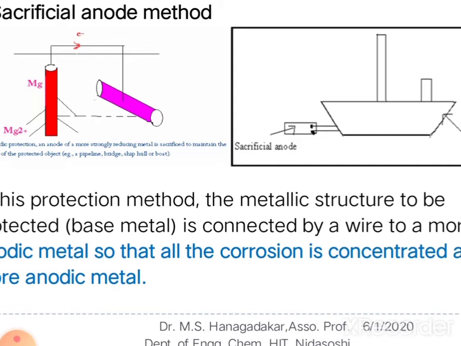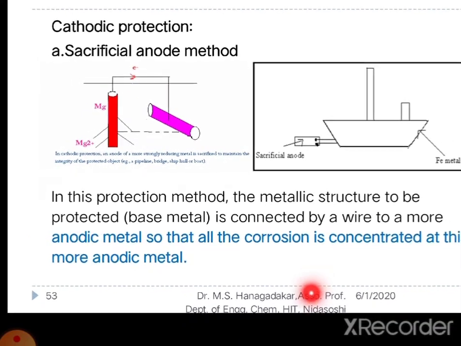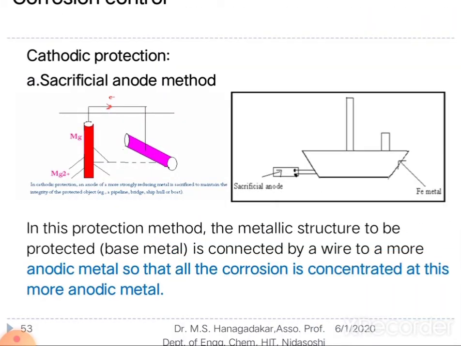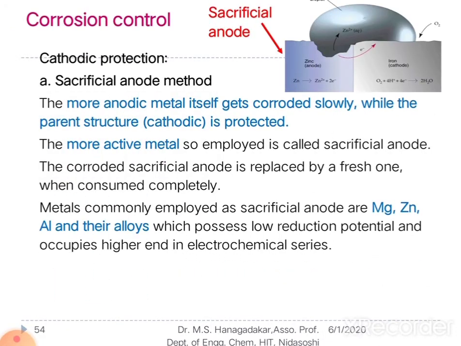Let us discuss now what is meant by the sacrificial anodic method. In this method, the metallic structure to be protected, that is the base metal, is connected by wire to a more anodic metal, so that all the corrosion is concentrated at this more anodic metal, and it suffers the corrosion.